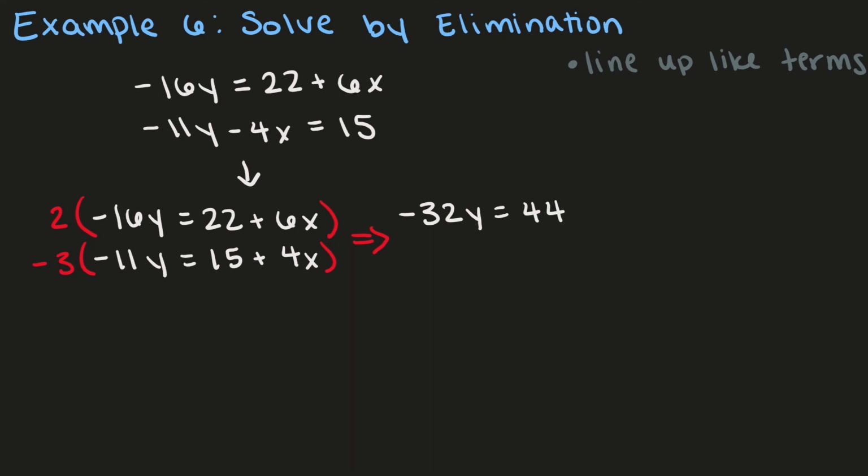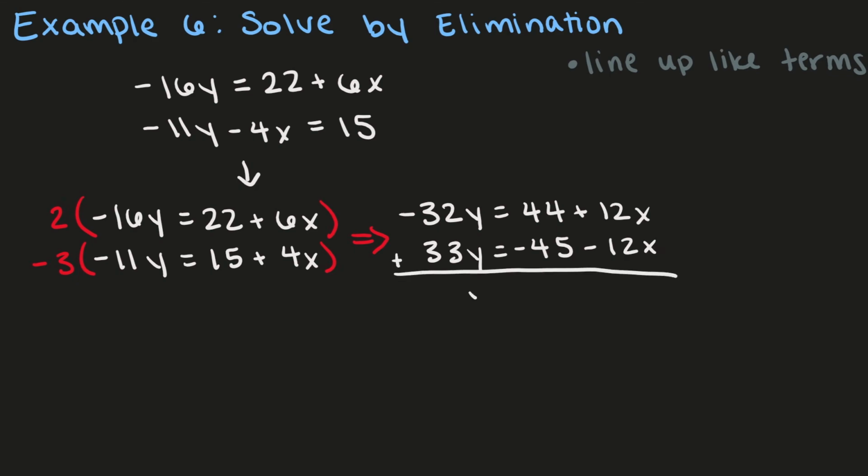So this becomes negative 32y equals 44 plus 12x and 33y equals negative 45 minus 12x. Adding down gives us y equals negative 1 and the 12x and negative 12x cancel, so we did find our y term. Let's plug that y back into one of our equations to solve for x.